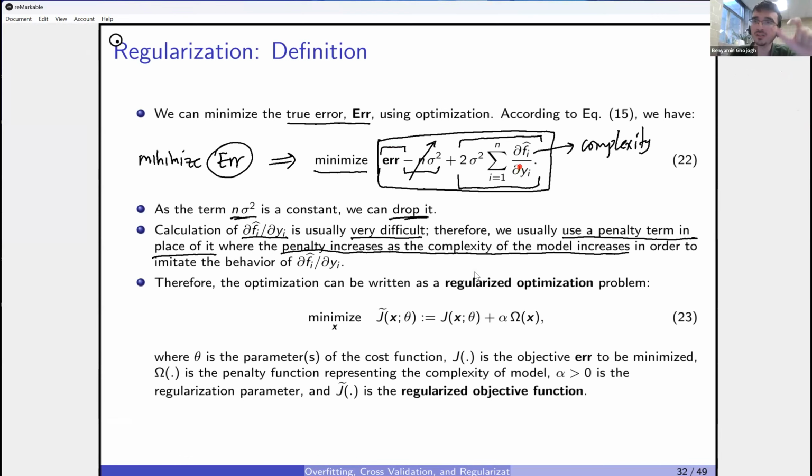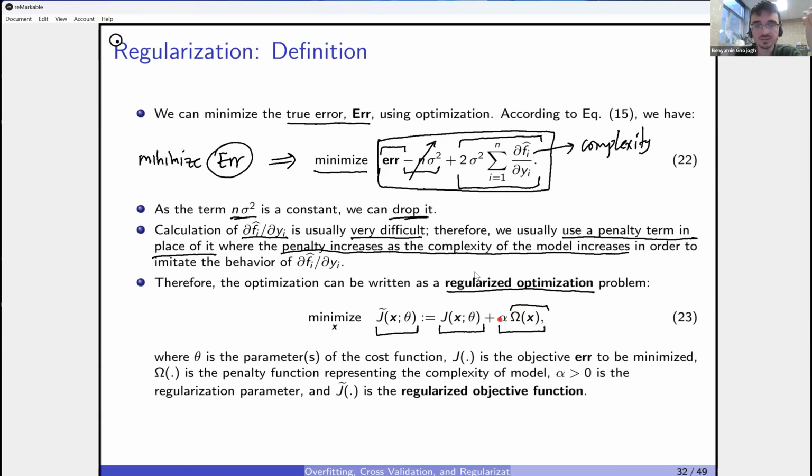Let's replace it by a penalty on complexity. Therefore, the optimization can be written as a regularized optimization. So this is the true objective function, which equals the empirical error, some error that we measure, plus alpha times omega of x, and this omega is an increasing function with respect to complexity. This is the penalty term.